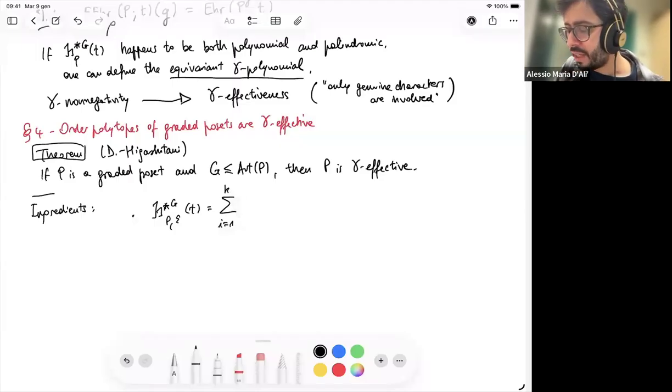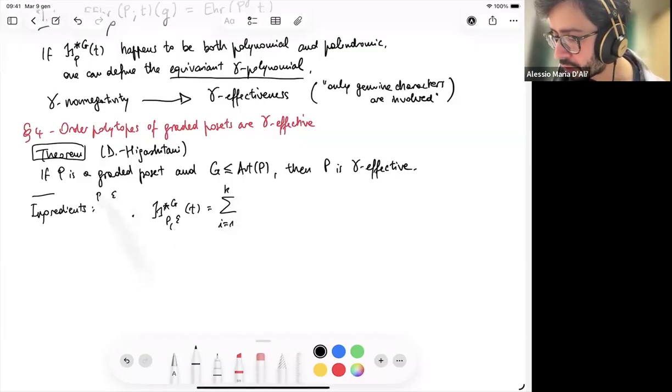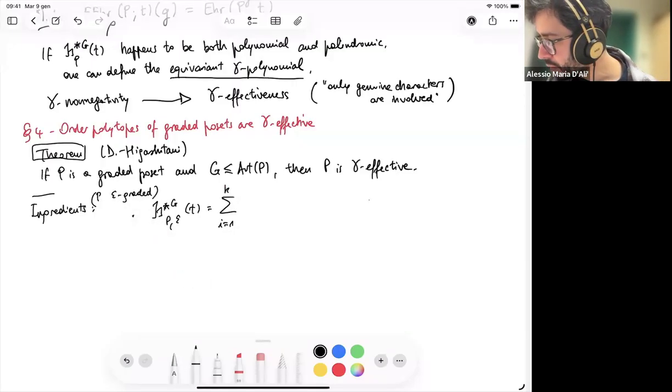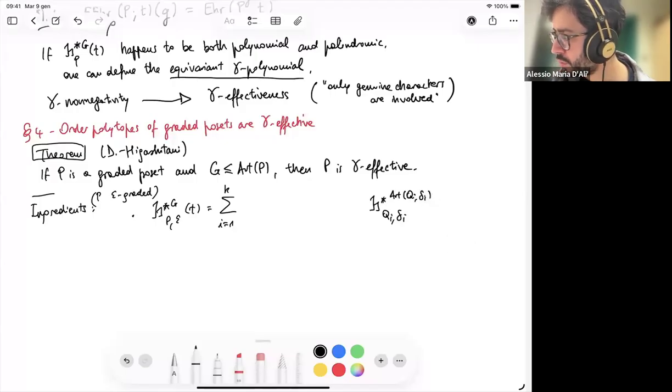So here I have the H star polynomial of my original poset P. Here I'm assuming that P is epsilon graded. And here I'm going to get some combination of H star polynomials of the saturations, but not with respect to G, but with respect to their own automorphism group.